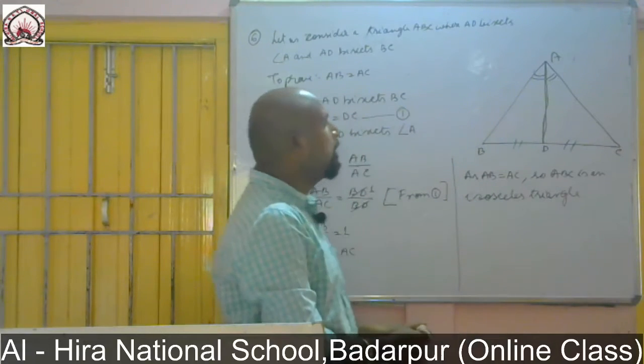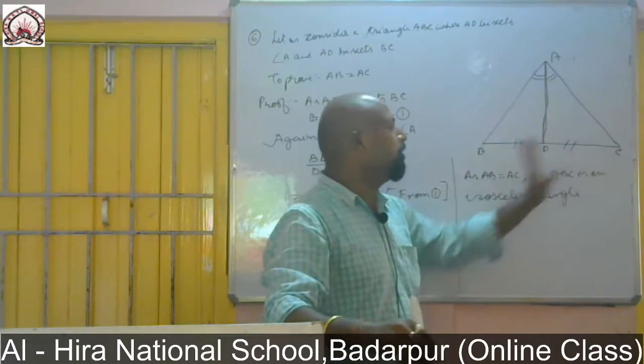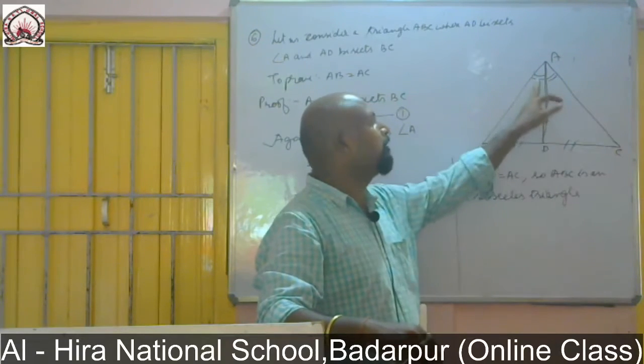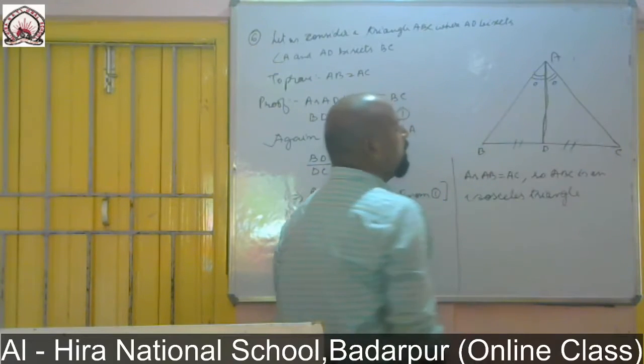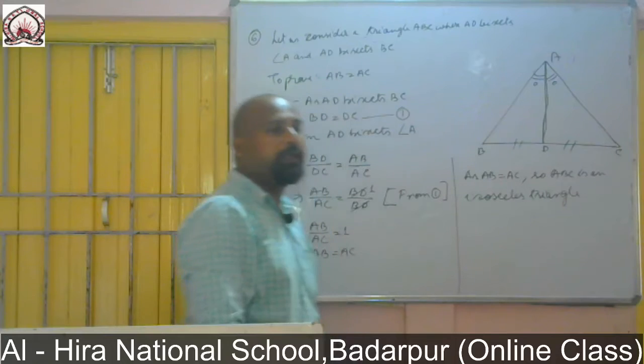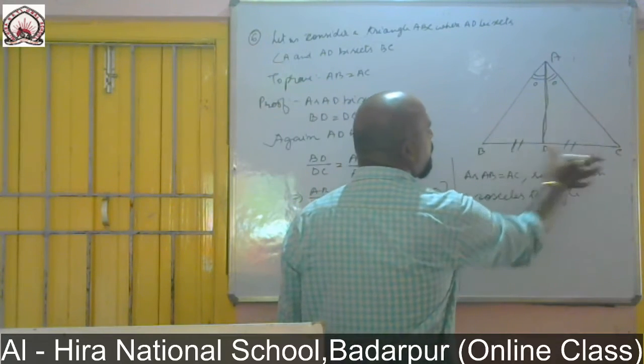See here, they have given you the triangle ABC, and AD is the bisector of angle A. Means this angle is equal to this angle. As well as AD bisects BC. Means this part BD is equal to DC.